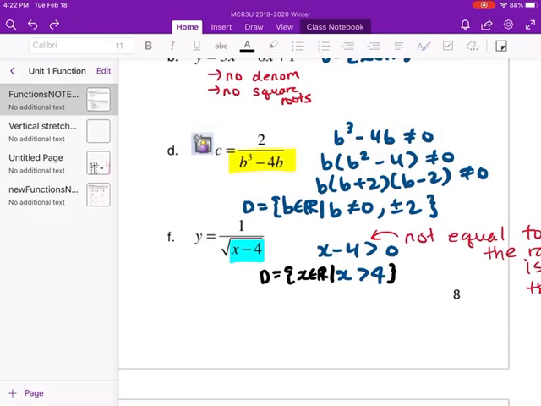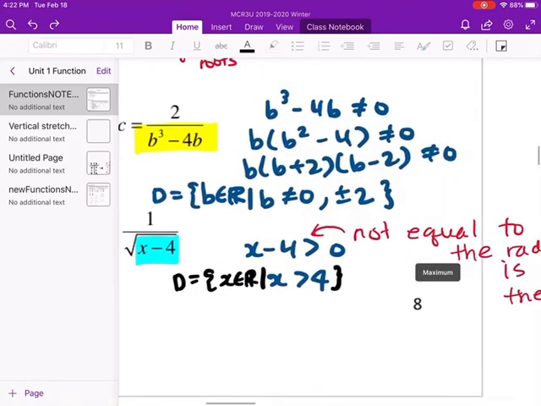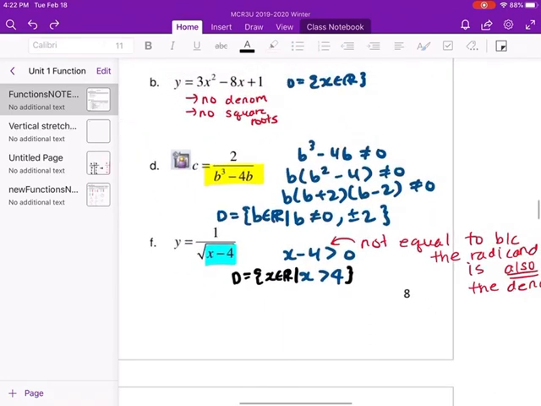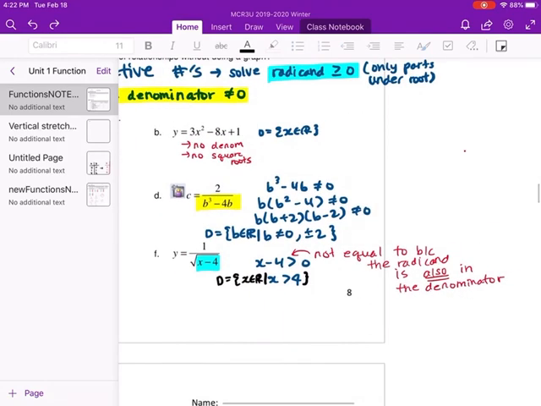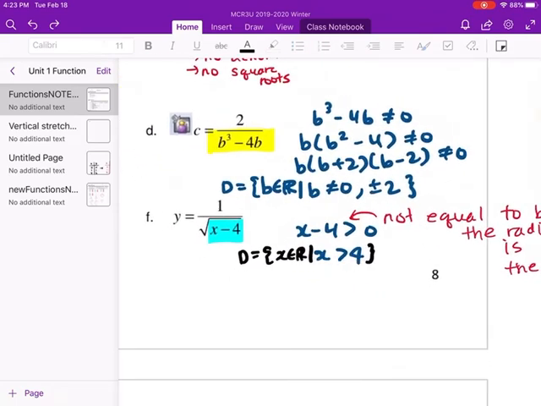I had to erase that because the denominator can't equal 0 as well. So when you have both in effect, this is what I end up writing, the expression larger than 0, not equal to, because the radicand is also the denominator. And so you just rearrange and you'll get domain is equal to x is an element of the reals such that x is larger than 4.